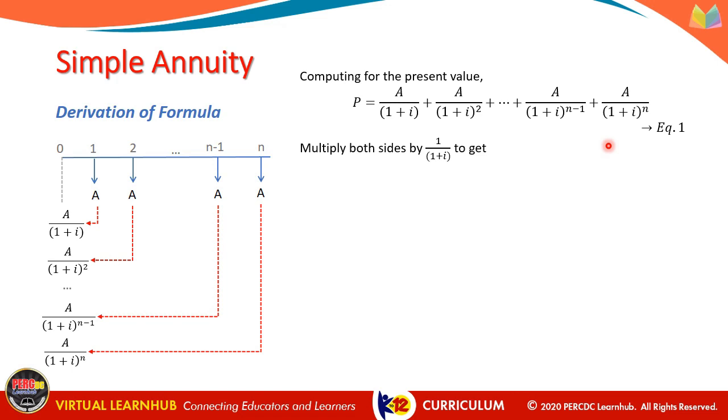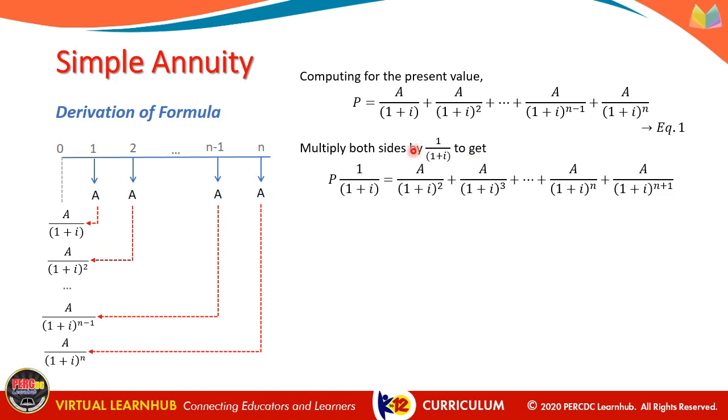For our next step, we multiply both sides by 1 over 1 plus i to get P times 1 over 1 plus i. We just multiply this P with 1 over 1 plus i. That is equal to A over (1 plus i) squared. That is from this one, A over 1 plus i multiplied by 1 over 1 plus i.